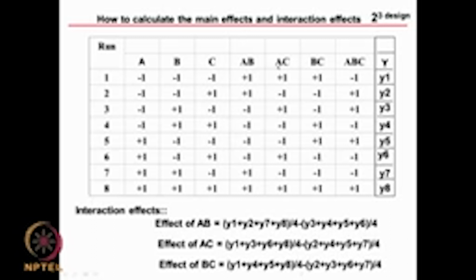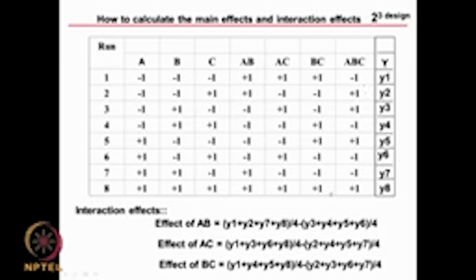Now, if I want to know the AC interaction, for example, temperature and carbon amount, you know how to get this AC: you just multiply these 2 columns and get this, these 2, this, like that. So, for AC there are 4 places where you have plus. So, y1 plus y3 plus y6 plus y8 divided by 4, and 4 places where you have minus: y2, y4, y5 and y7 divided by 4.